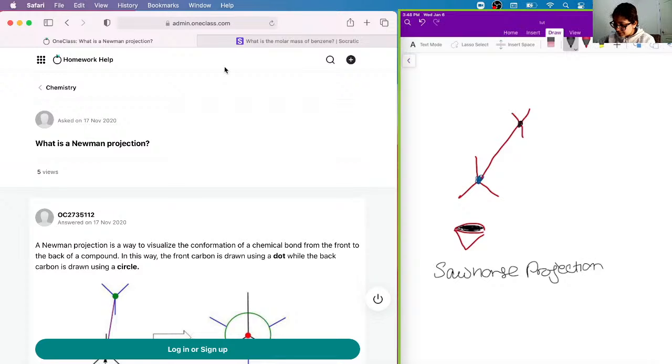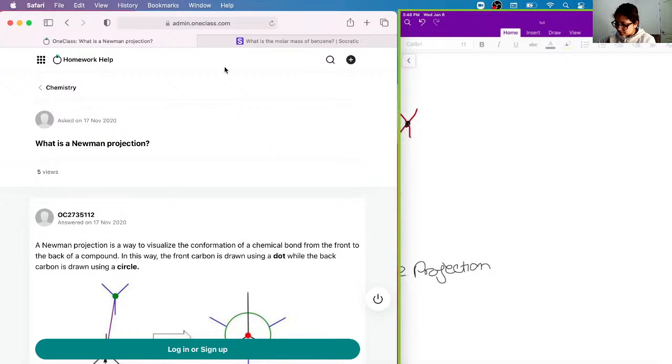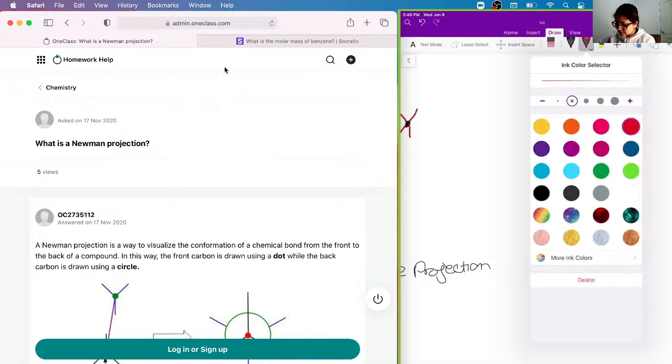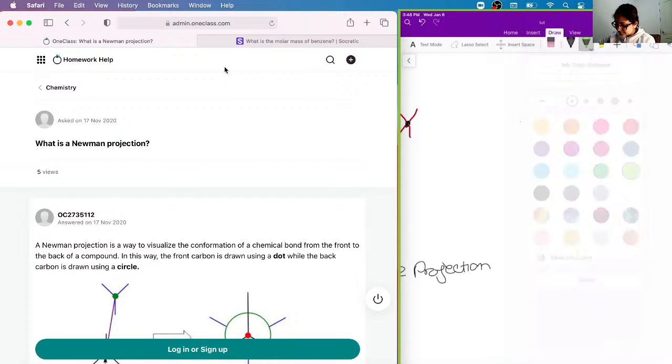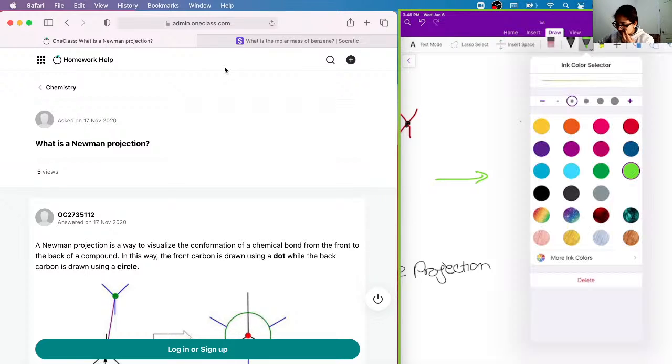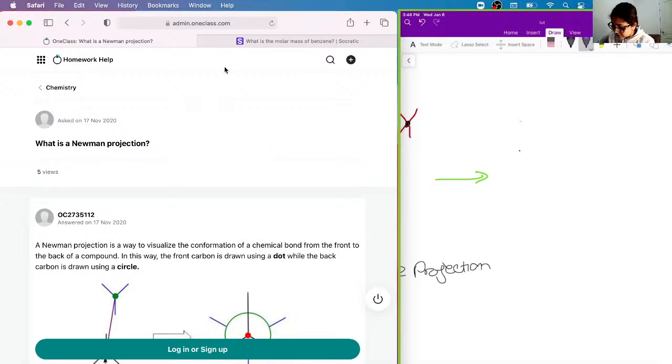So a Newman projection is the most common one, and this is how we would draw it. You would basically draw a circle.